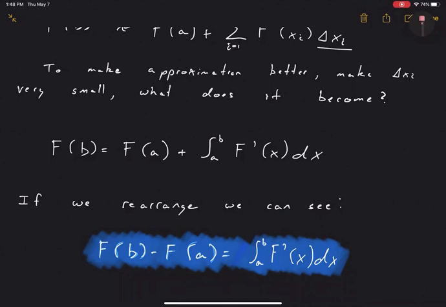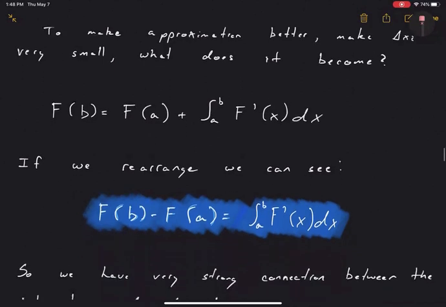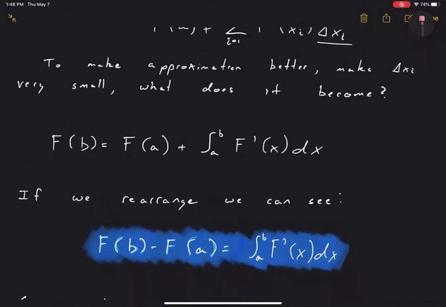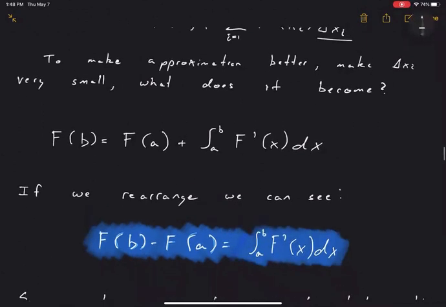And here we see the connection between integrals and derivatives. So let's say I'm integrating some function f prime of x. And I know that f prime of x is the derivative of this f of x over here.